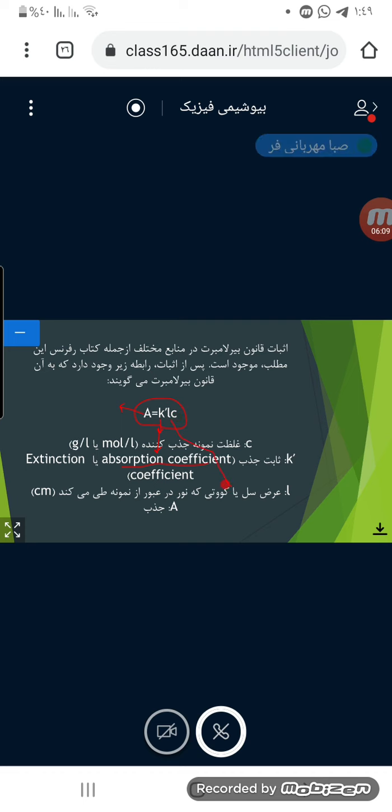L is the distance that the light should pass, and C is the concentration of our solvent. So A is for absorption. In fact, we can say absorption is just the amount of light that is absorbed.